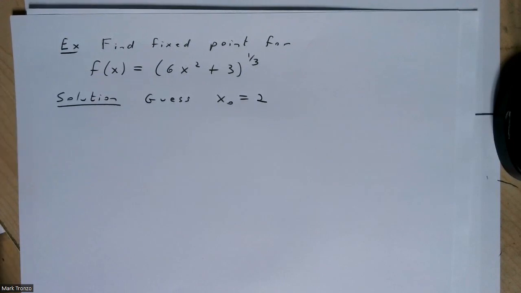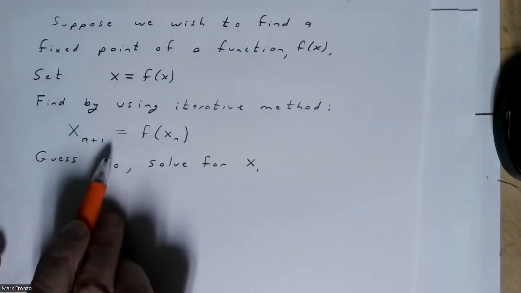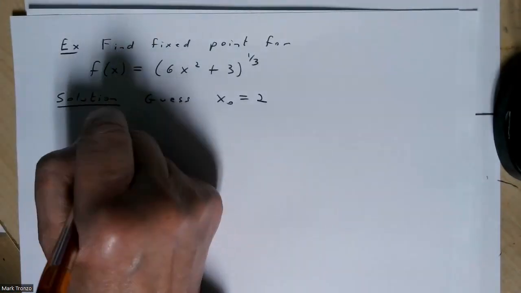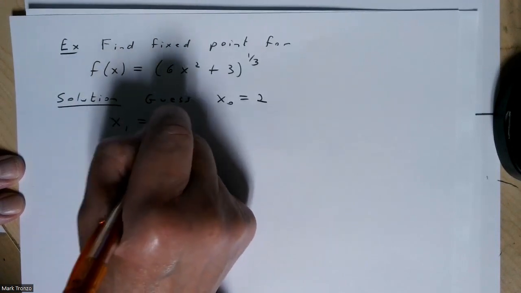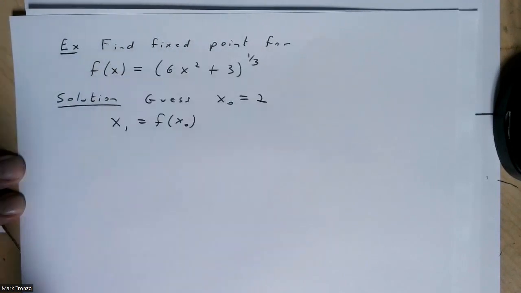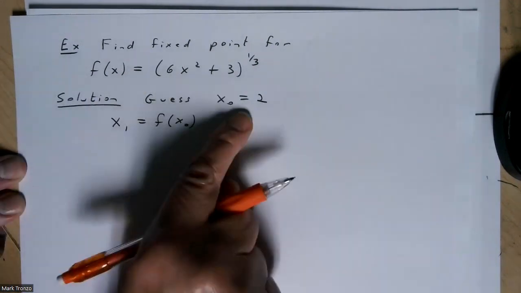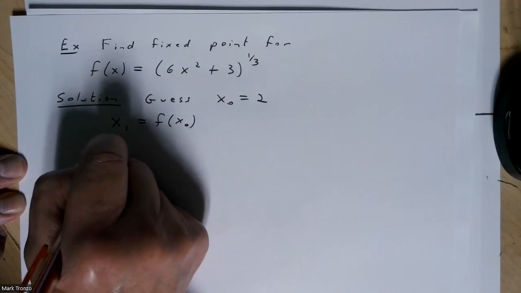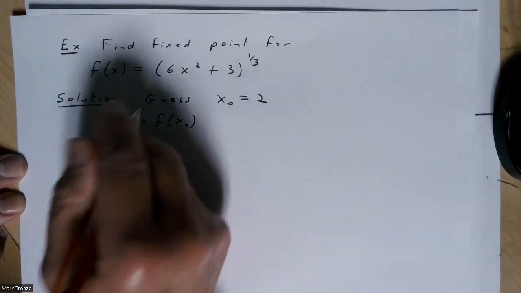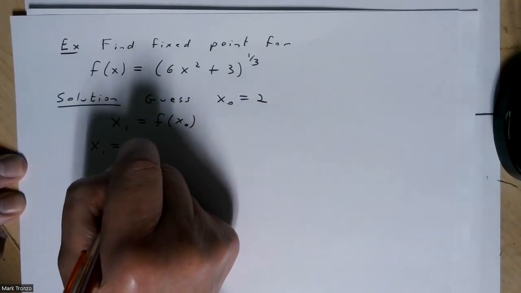So again, what we're going to do then is like we have up here, we're going to have an x1 equal f of x naught. So we'll put 2 into our function, 2 into the function up here.